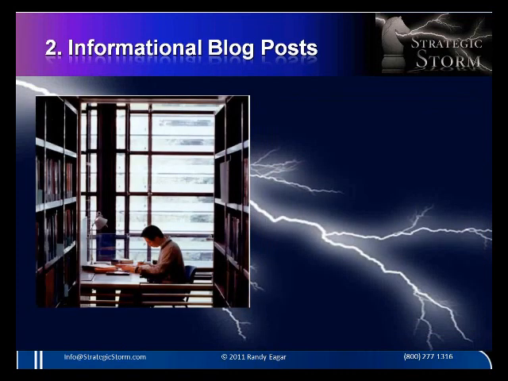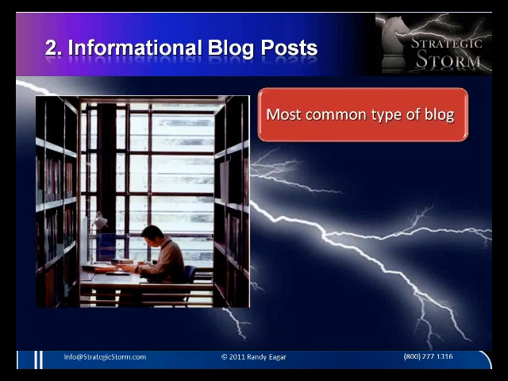Number 2, informational posts. This is one of the more common blog post types where you simply give information on a topic. This is an easy one for most agents to use, but also a very good one, as we are constantly being asked about interest rates, appreciation or depreciation, foreclosure rates, and so forth.